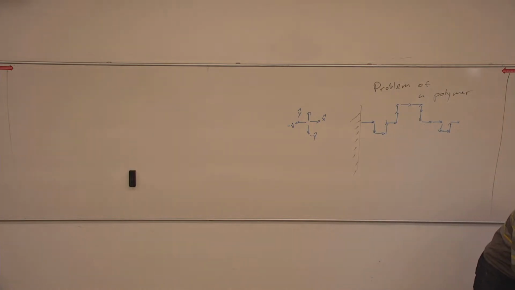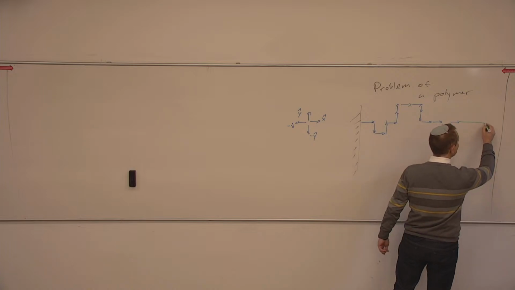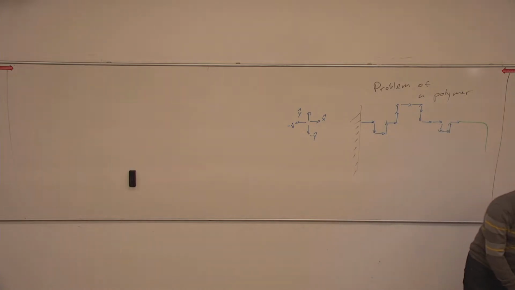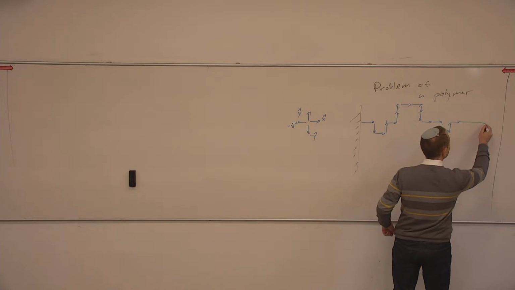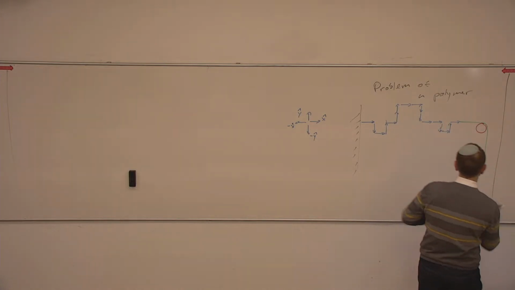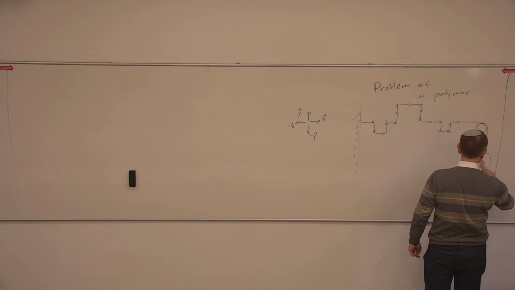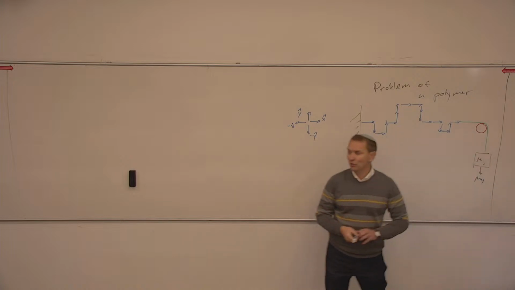At the end of the polymer there is a string that is connected to a pulley, and there is a mass on the string, and the size of this mass is m. So there is a force of mg pulling down on the polymer.